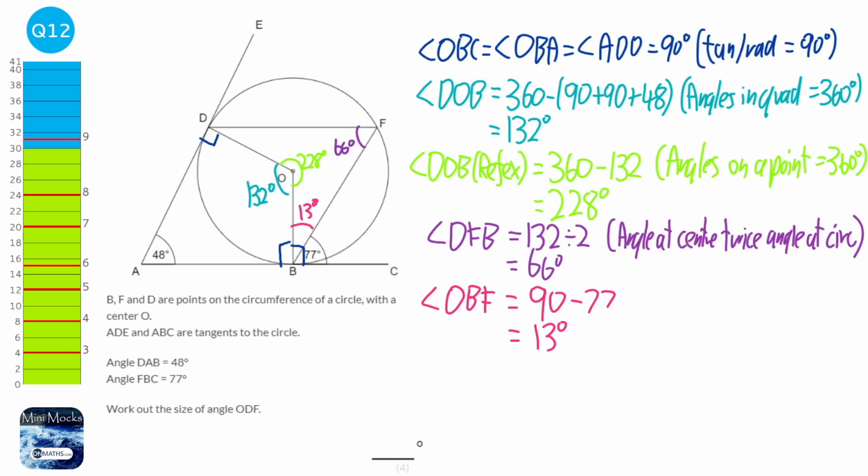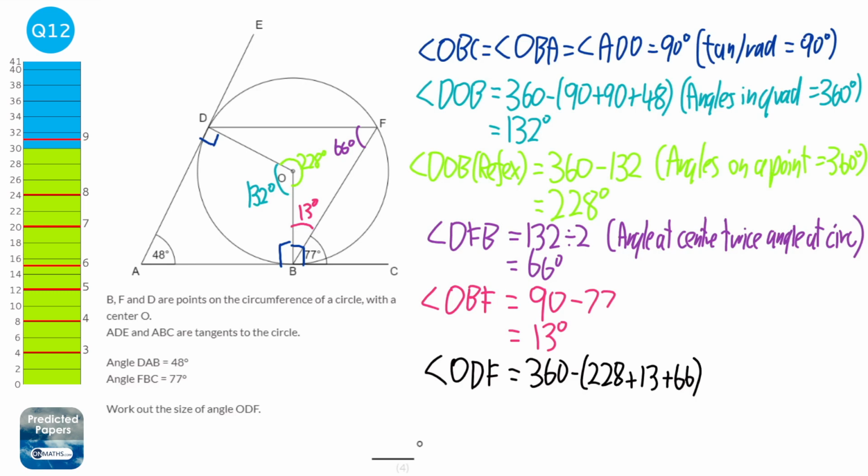And the final thing really here is that we've got a quadrilateral here, kind of an arrowhead, and we've got 3 of the angles, 1, 2, 3, and we're looking for the fourth one. So angle ODF is going to be 360 take away all the angles that we know, so the 228, the 13, and the 66.